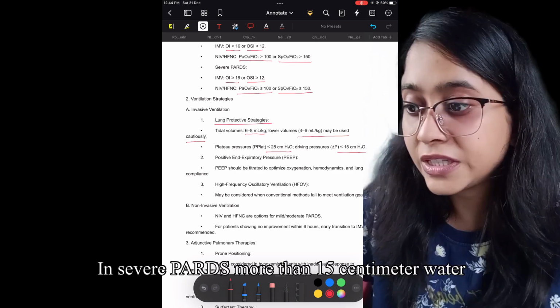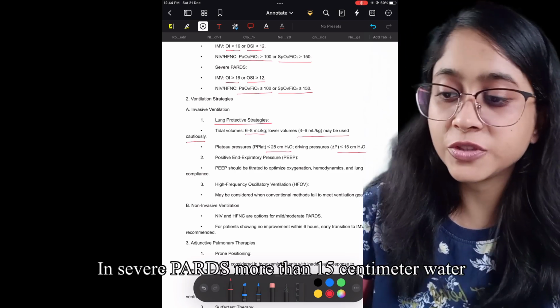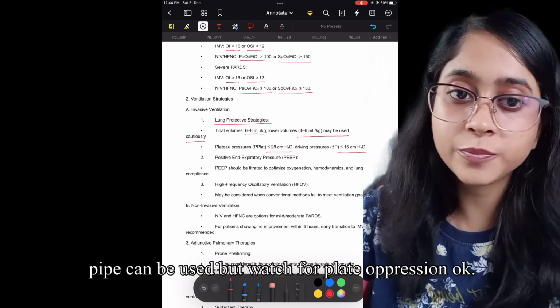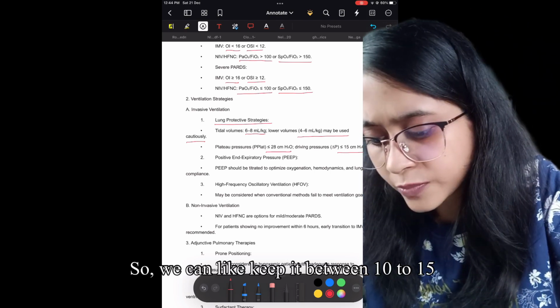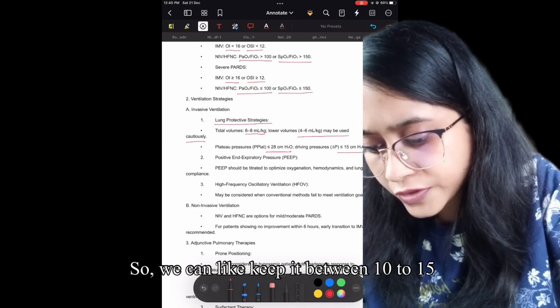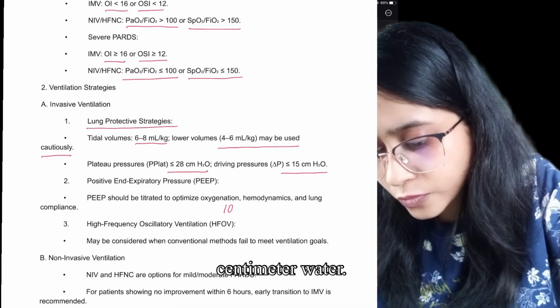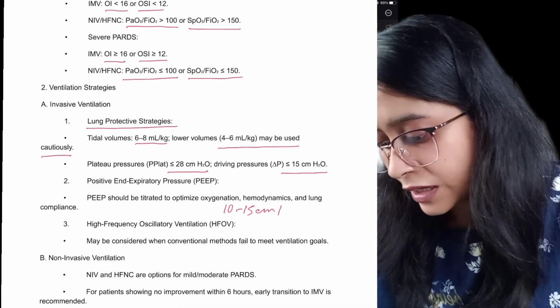In severe PARDS, more than 15 centimeter water PEEP can be used, but watch for plateau pressure.